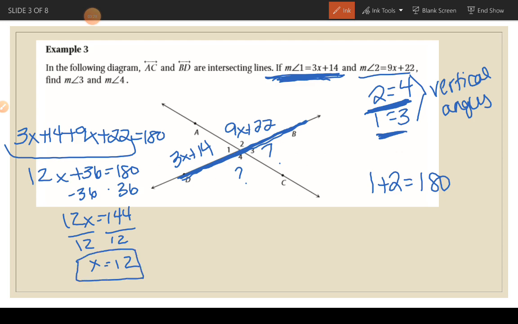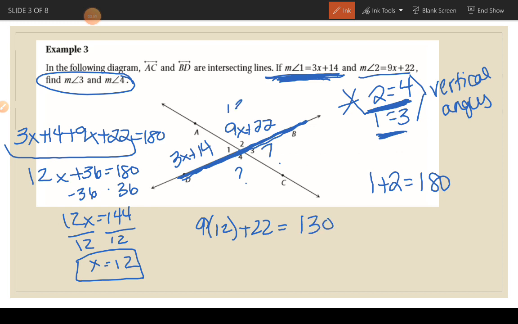However, that's not my answer, obviously, because it wanted us to find angle 3 and angle 4. Well, this is kind of where this comes in, okay? We know angle 2 and angle 4 are congruent, so I'm going to use angle 2, which is 9x plus 22, where x is 12, and I'm going to solve for that. So 9 times 12 plus 22 is 130.